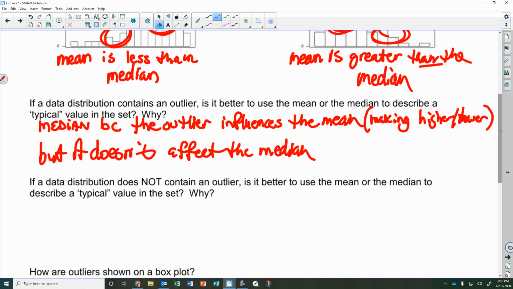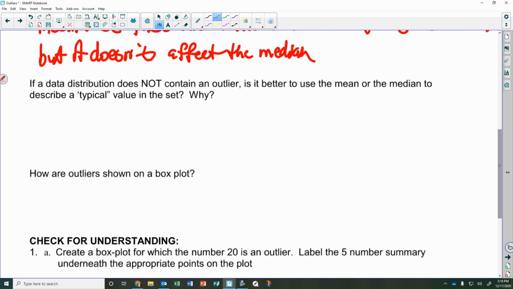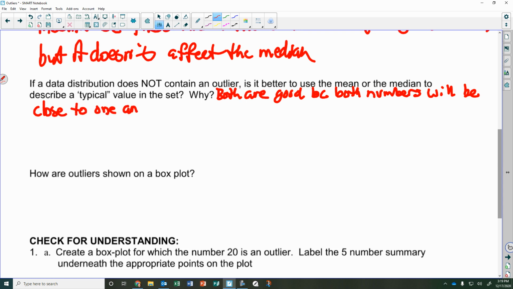And then if a data distribution does not contain an outlier, is it better to use the mean or the median to describe the typical value? Well, actually, in this case, both are good because there's no outlier there. Both numbers will be close to one another, meaning they're not going to be a great loss there because of that outlier.